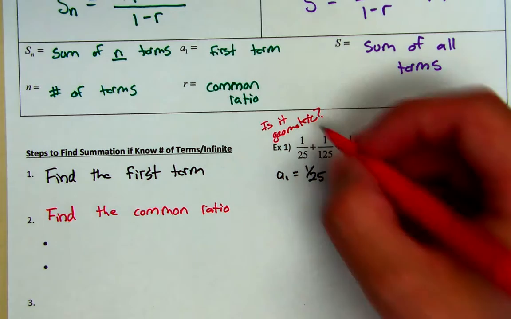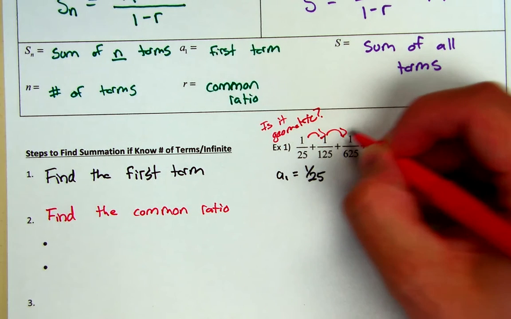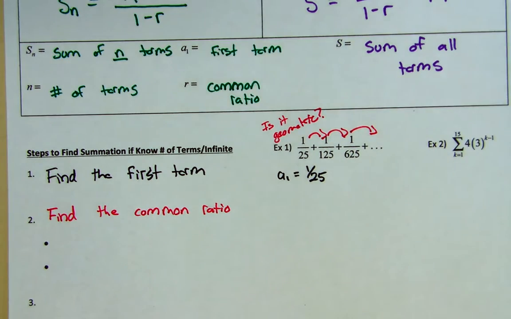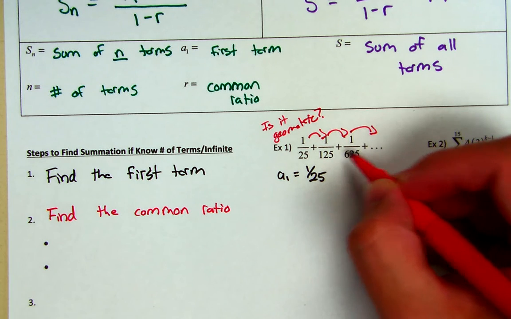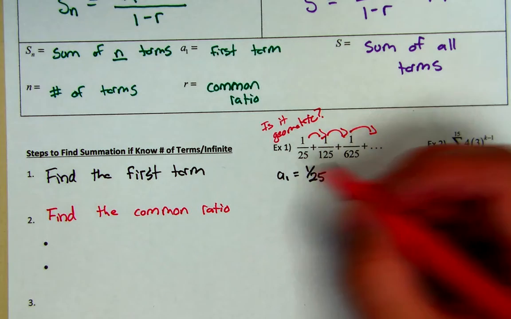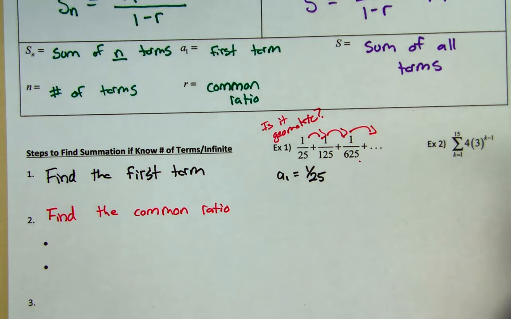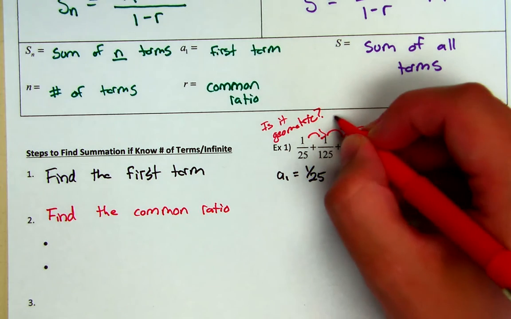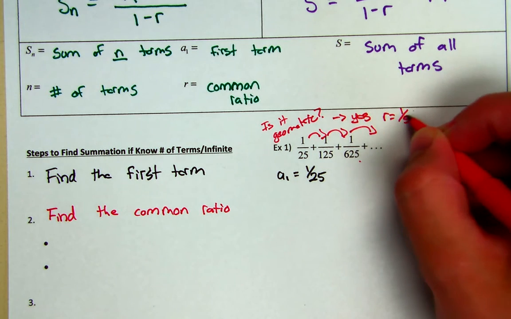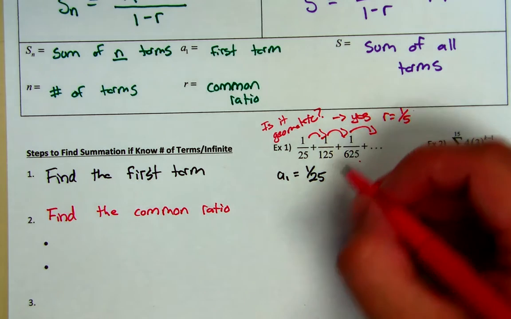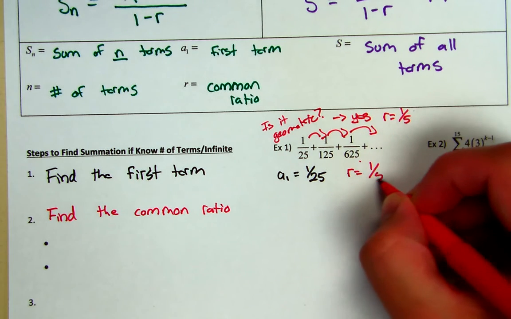How do I know? Well, am I multiplying by something to get the next term? Well, 25 times 5 is 125, times 5 is 625. So yes, I have an r equal to 1 over 5, because I needed to keep it as a fraction. So r equals 1 over 5.